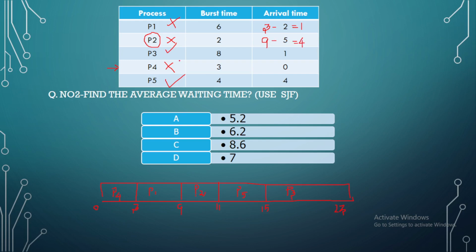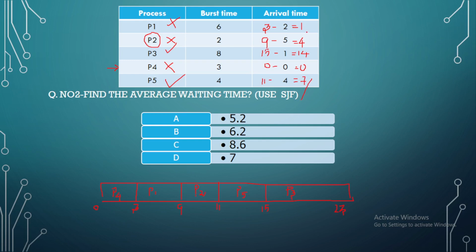P3 starts its execution at the 15th nanosecond and its arrival time is 1, so 15 minus 1, 14. P4 starts execution at 0 and its arrival time is also 0, so waiting time is 0. P5 starts its execution at the 11th nanosecond, so 11 minus 4, 7.